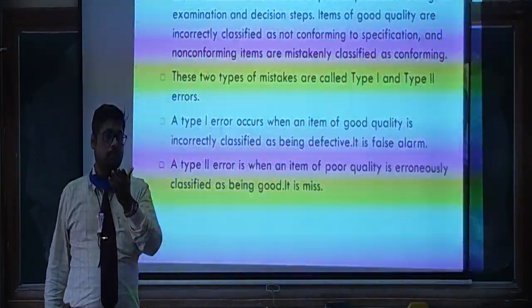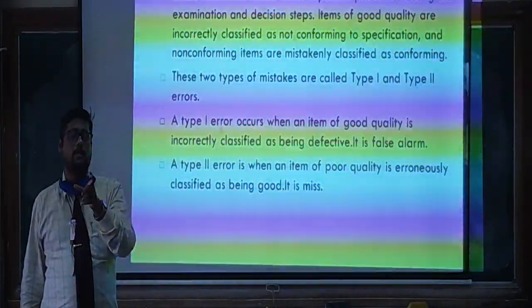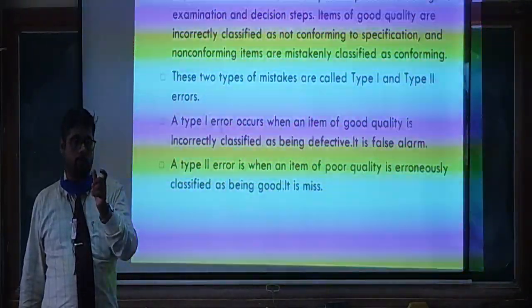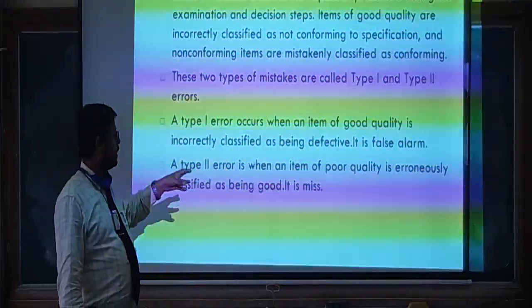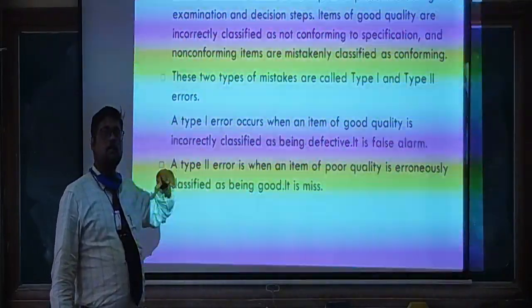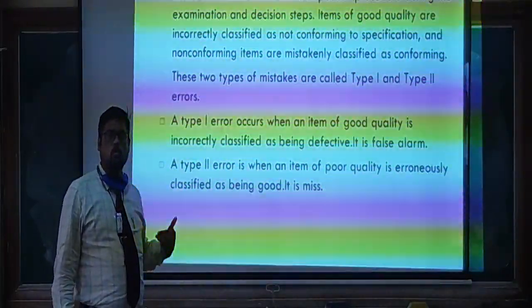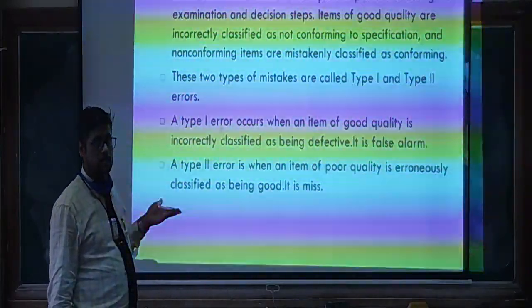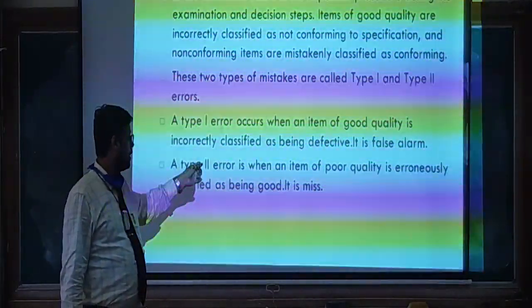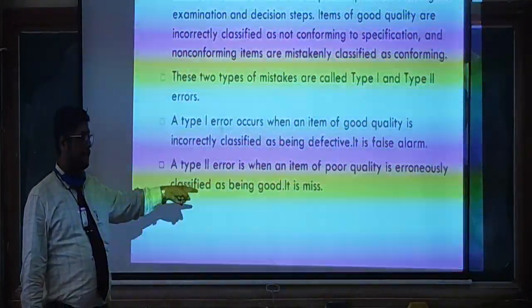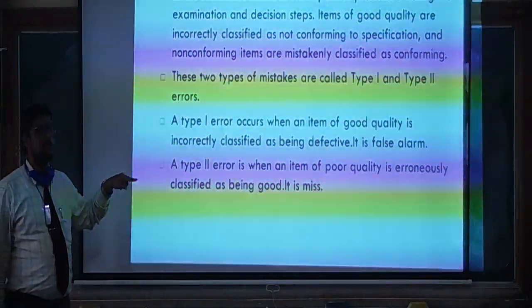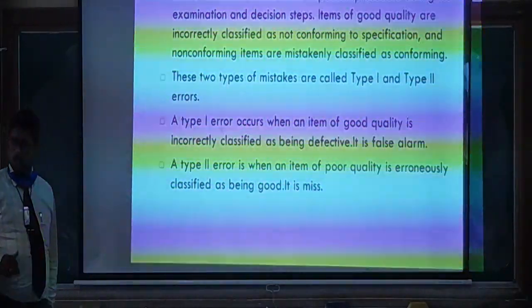If the band specified is plus 0 and minus 30 micron for the shaft, and the lower tolerance goes below, more than 30 microns, it is not acceptable, it is non-conforming, but still we classify it as a good product. So that is actually a miss. So this is about type 1 and type 2 errors.